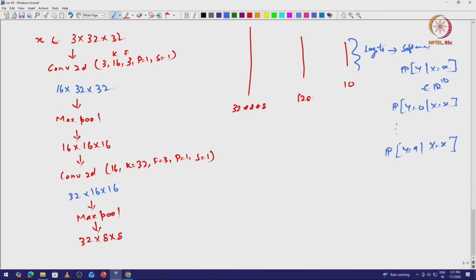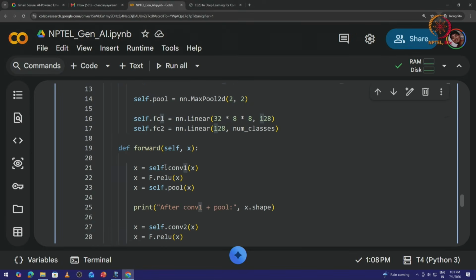Then you take the argmax of this, that will be the decision, which is nothing but your y hat or y prediction. Okay. This is the overall full story. So that is what is being done here.